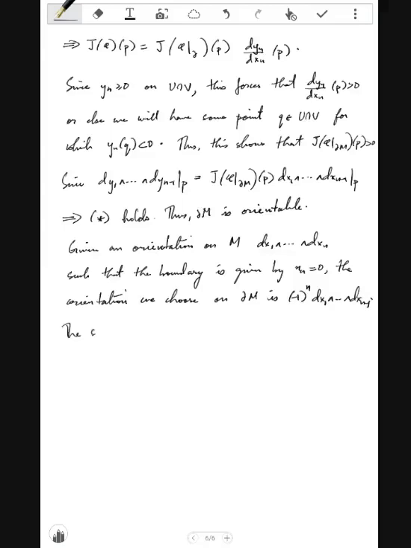So the sign is chosen to make Stokes theorem sign free.